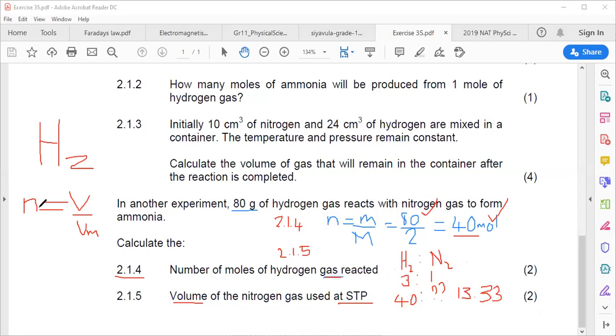After I get my moles, now I go to my equation here. Where there's number of moles, I put 13,33, is equal to the volume over molar volume. STP, I'm going to put 22,4. Then my volume, what is my volume? It becomes 13,33 multiplied by 22,4.